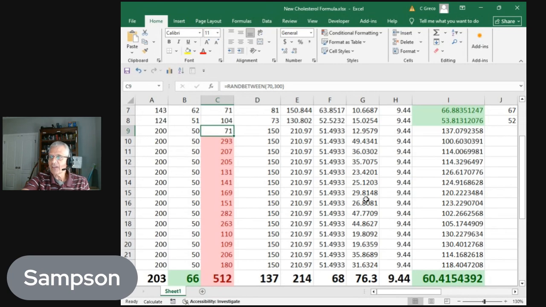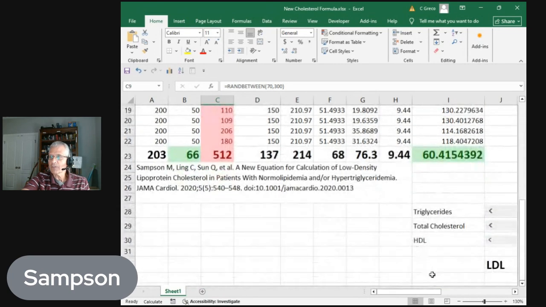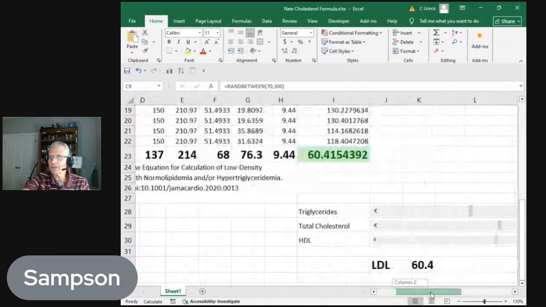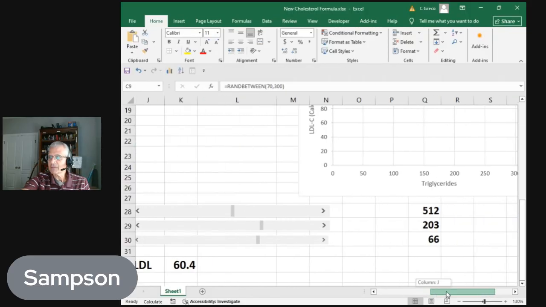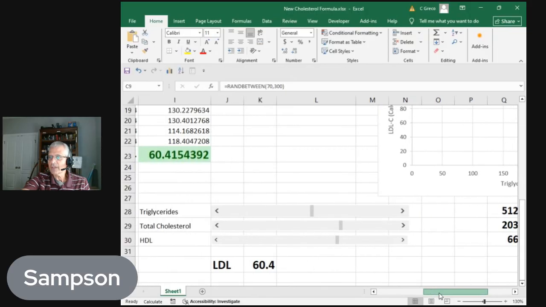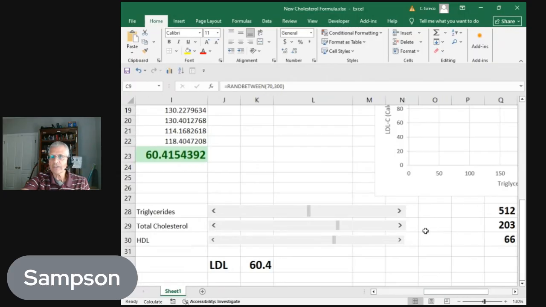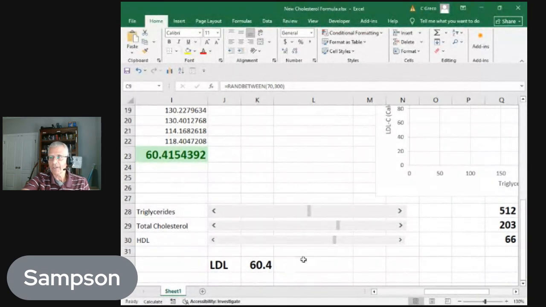So what I did then, I thought, okay, I'm going to go ahead and do some sliders here. Triglycerides, total cholesterol, and HDL, and then the LDL result is here using the Sampson formula.